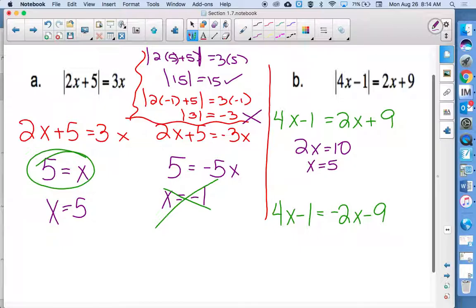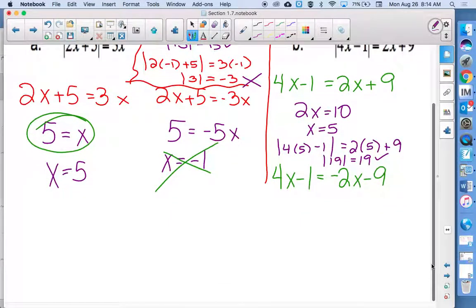And then when you check it, make sure you're checking it into both sides of the equation. The first one does work because 19 is equal to 19.